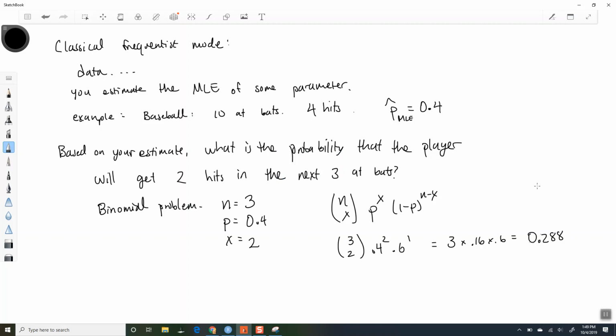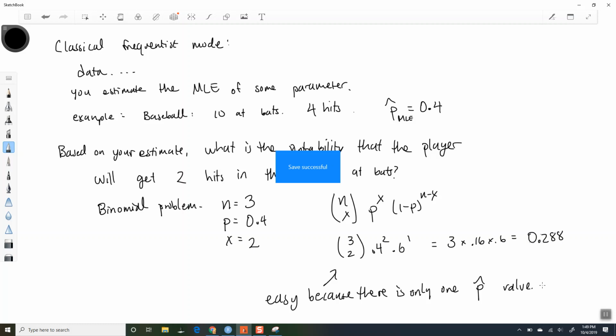So that's classical, and this is easy. Classical frequentist statistics is easy because there's only one p hat value to plug in here, okay?